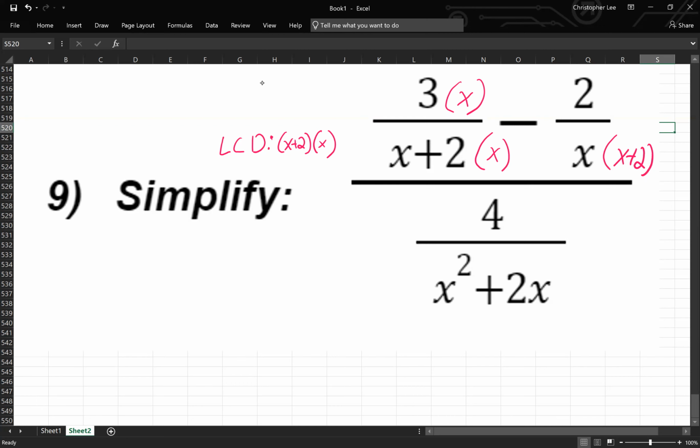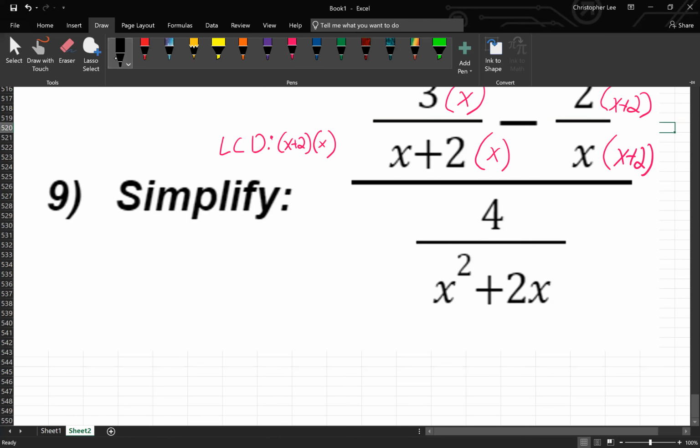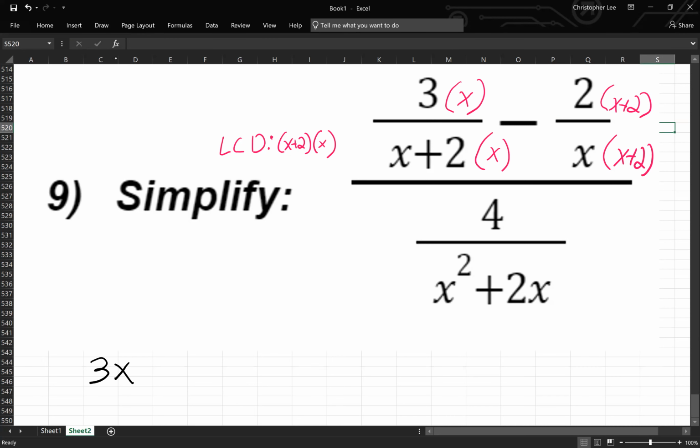What you do to the bottom, I do to the top. All right? Now we have 3x minus 2 times x plus 2 all over x times x plus 2.